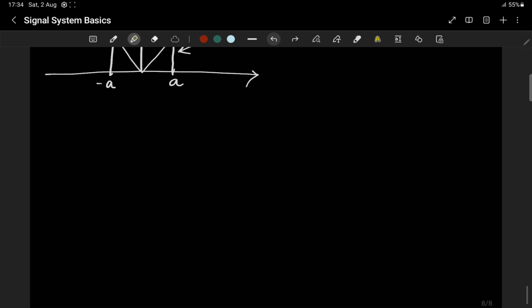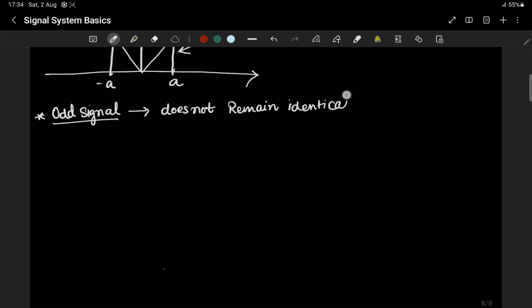An odd signal means one which is not identical, so it doesn't remain identical under the folding operation, or time reversal, or reflection.